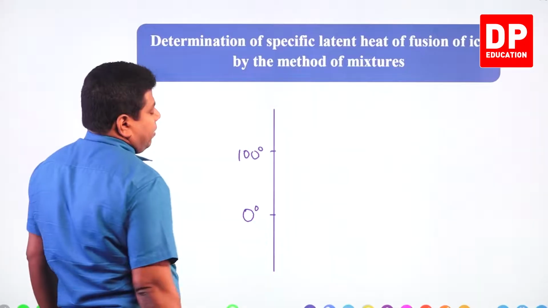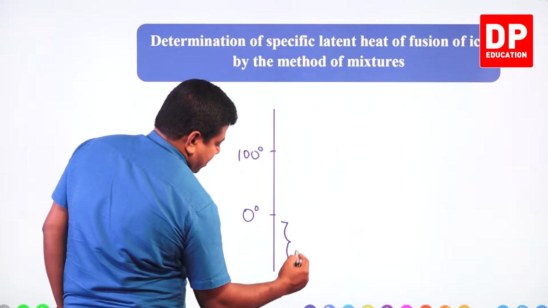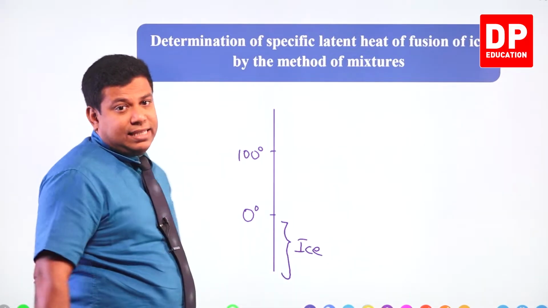Look at this. Say 0 degree, 100 degree. Now what happens here? If it is below 0 degree, it's ice.